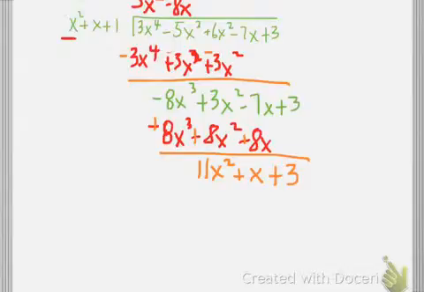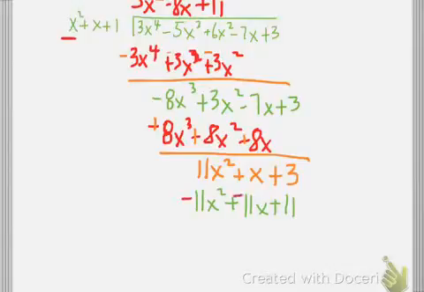Then we add up and down. Then we find out what multiplies times x squared to give me 11x squared. Well, 11. And then we multiply 11 times x squared plus x plus 1, and we end up with 11x squared plus 11x plus 11.